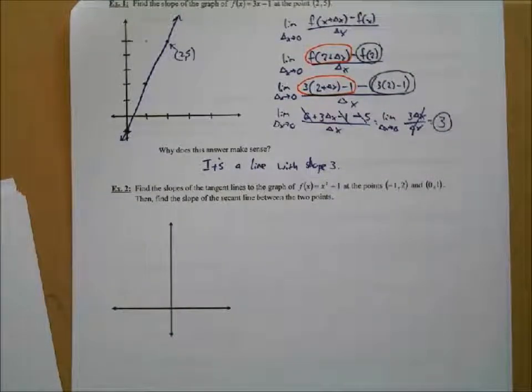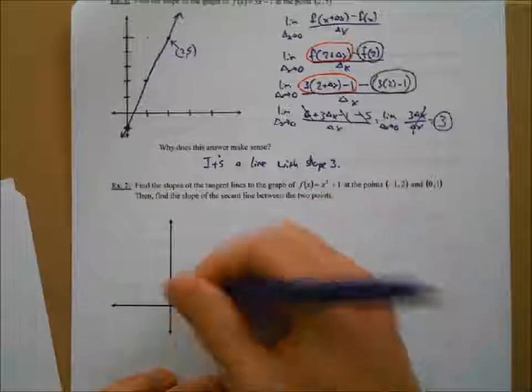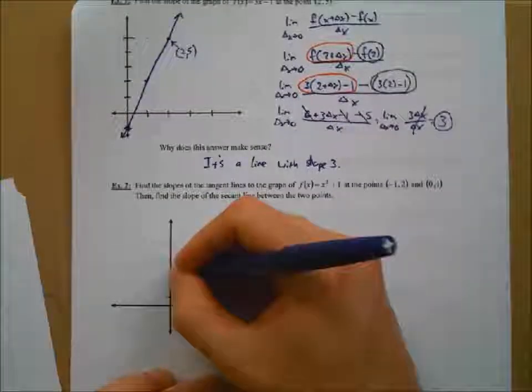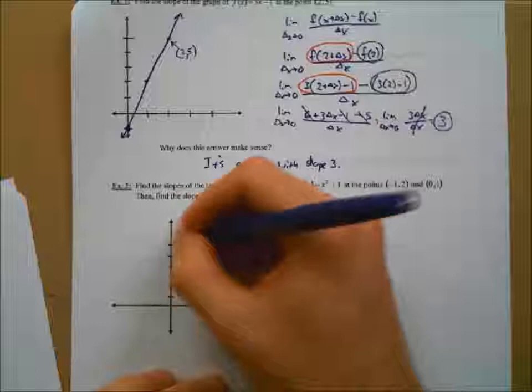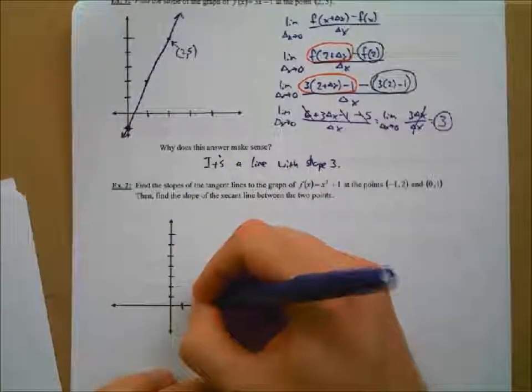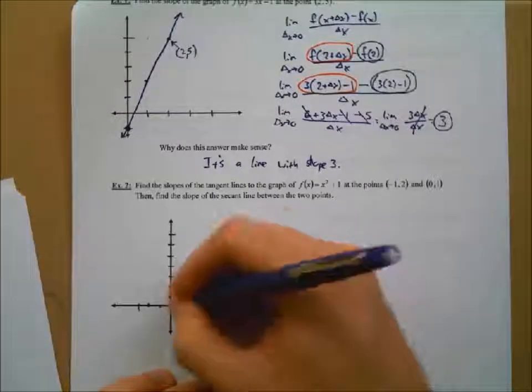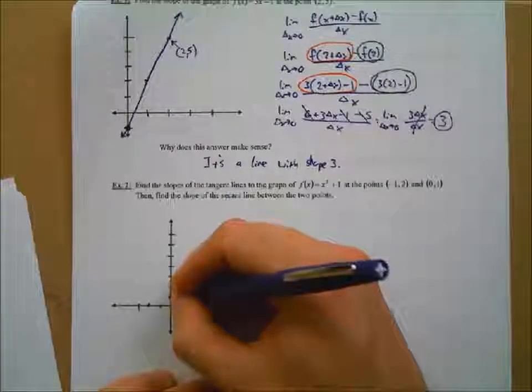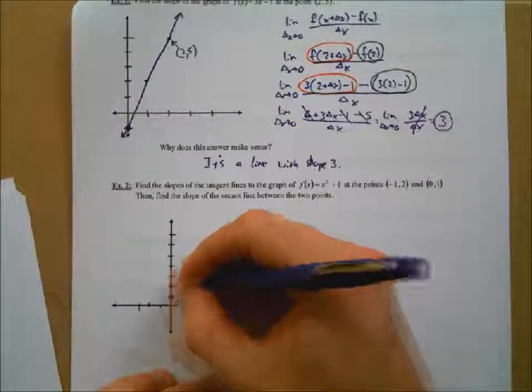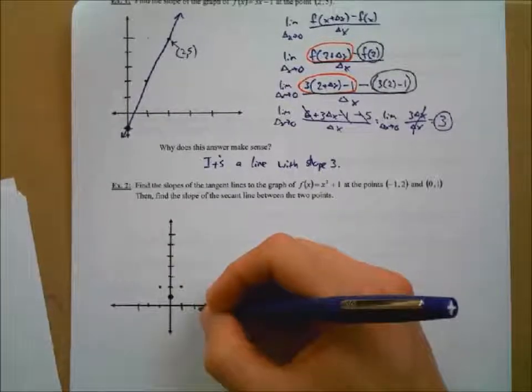So, let's again sketch the graph of this real quick. So, 1, 2, 3, 4, 5. Okay, so let's see here, 0, 1, and then 1, 2, 5.